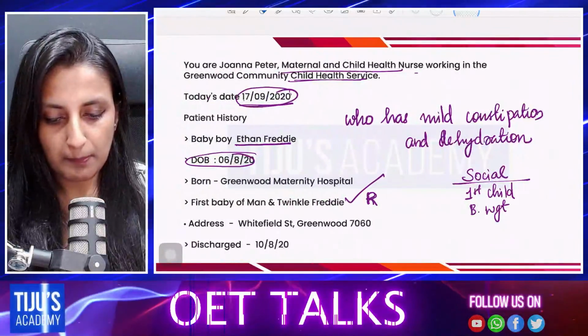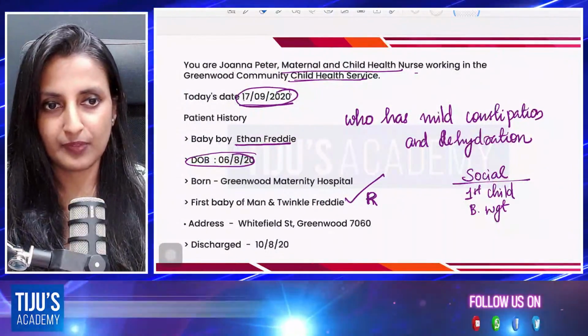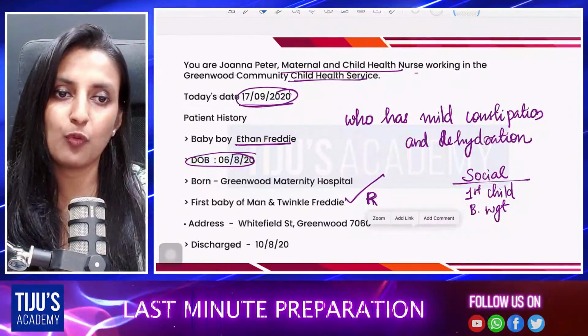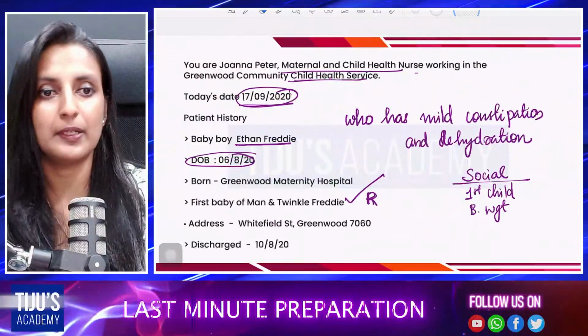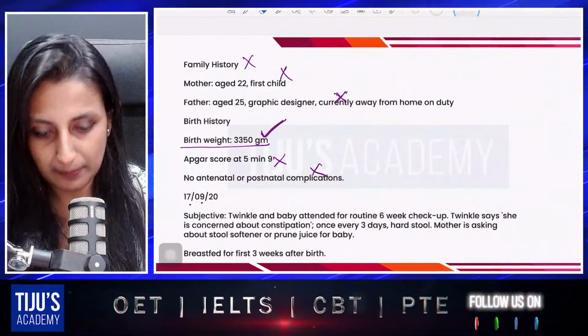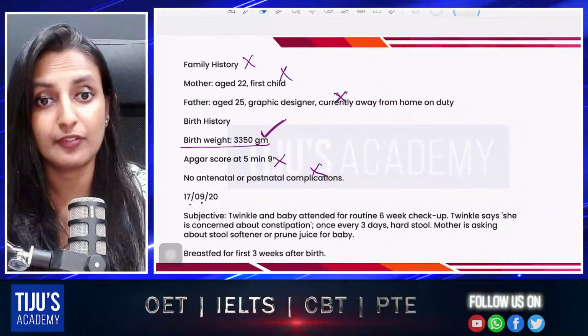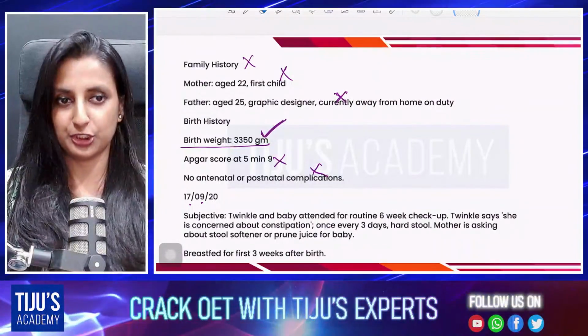The baby was born in the month of August. First 3 weeks means in the month of August itself. Today's date is September 17. So this breastfed for first 3 weeks after birth is past information.